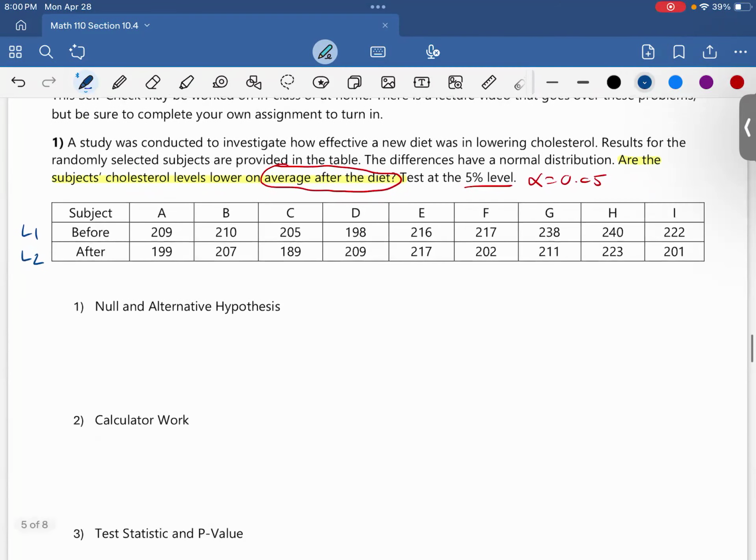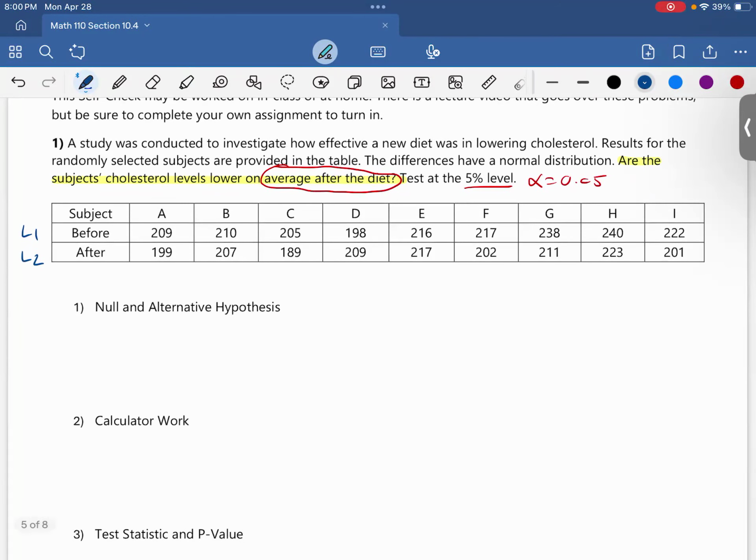When we create a list three, we need to subtract the two lists, the difference. Let's go ahead and choose just L1 minus L2.